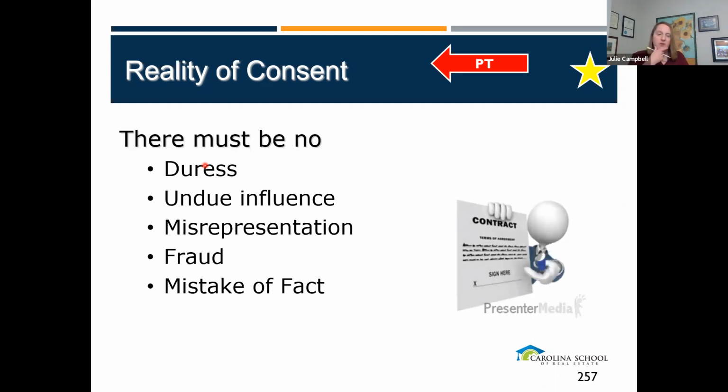You can't threaten a person. You can't threaten to harm a person to enter into a contract. Remember, contracts are voluntary. So if you're holding a weapon to somebody saying, sign this contract, they're not entering into it voluntarily. They're entering into it because they're scared.